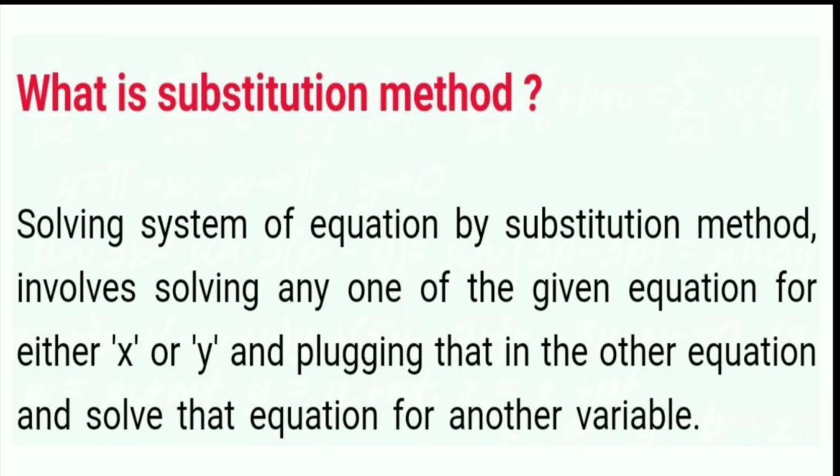Solving a system of equations by the substitution method involves solving any one of the given equations for either x or y, plugging that into the other equation, and solving that equation for the other variable. We know very well there are two variables in a pair of linear equations in two variables, sometimes x and y, sometimes p and q, but it is constant that there will always be two variables.